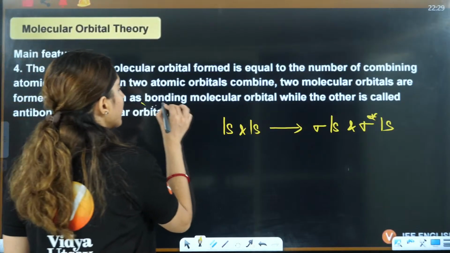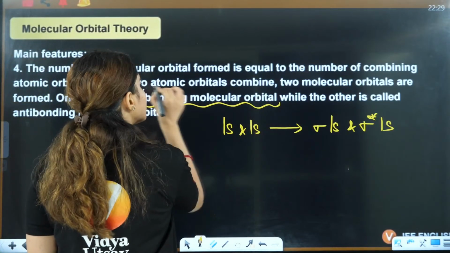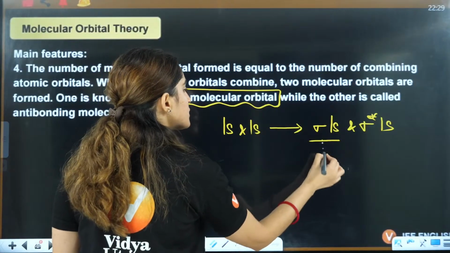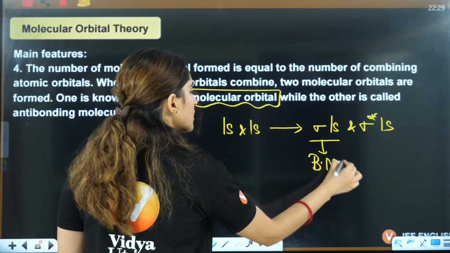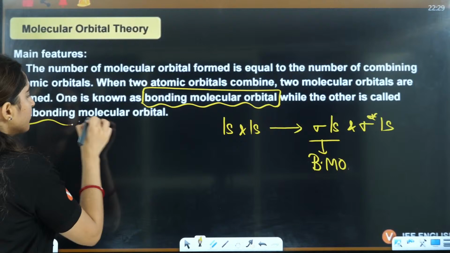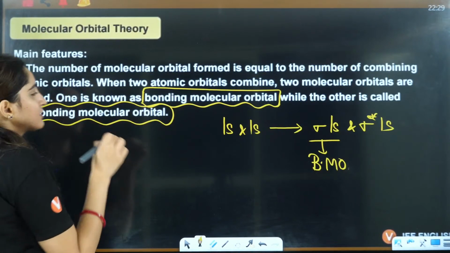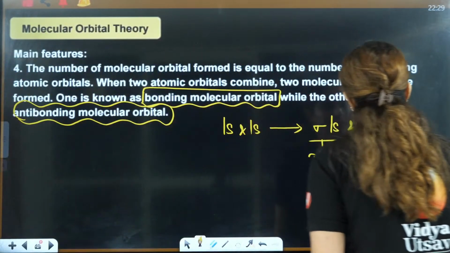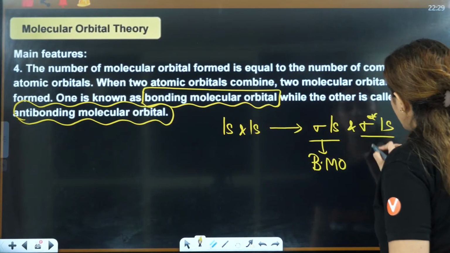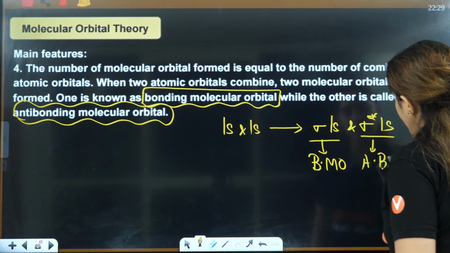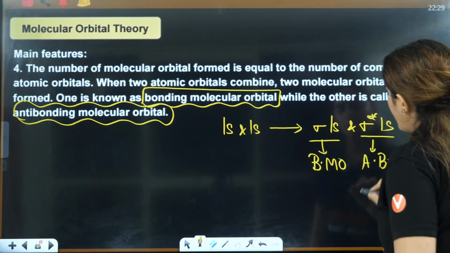One is your bonding molecular orbital, that is represented like this. This is BMO. And the other is the anti-bonding molecular orbital, that is represented by ABMO. Okay?